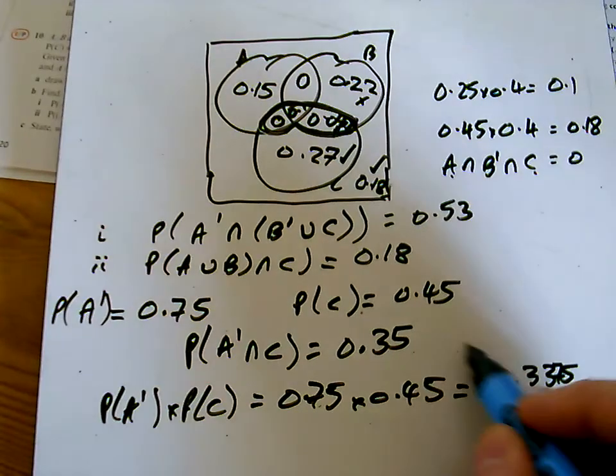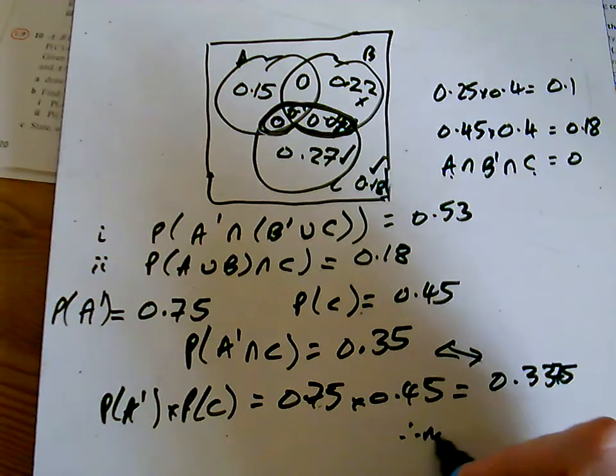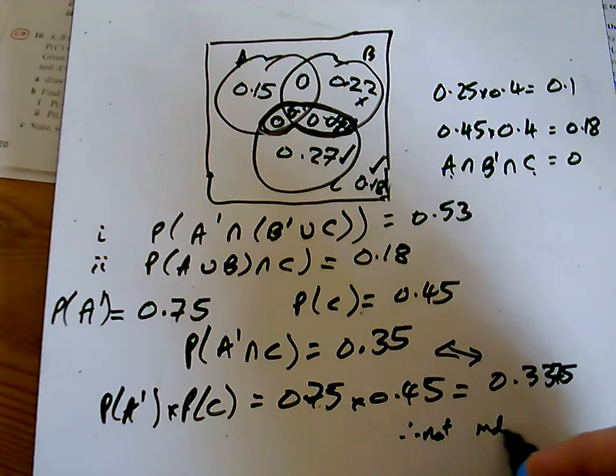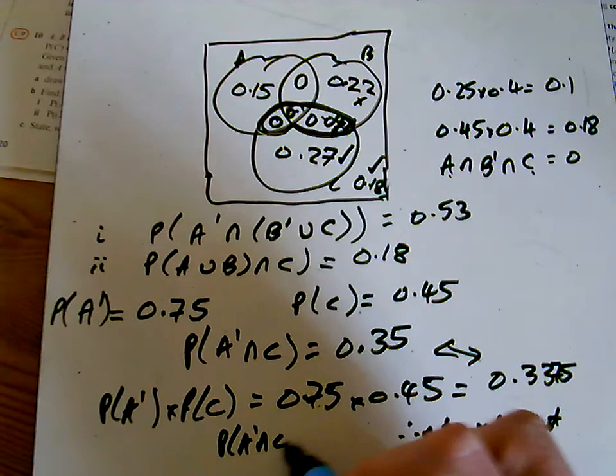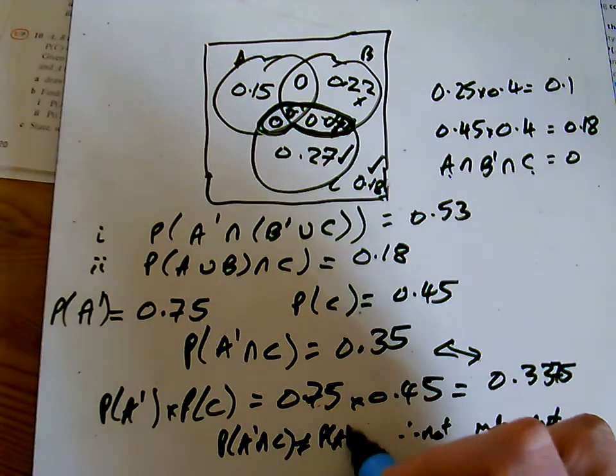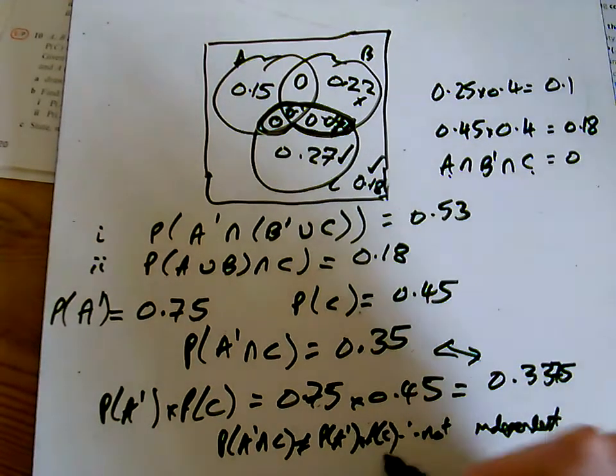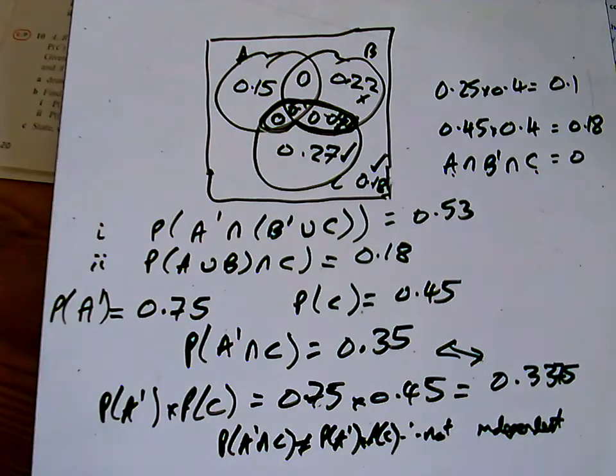And so since these two things are different, therefore it's not independent. And perhaps we should write more here. So the probability of not A intersection C does not equal the probability of not A times the probability of C. So therefore they're not independent.